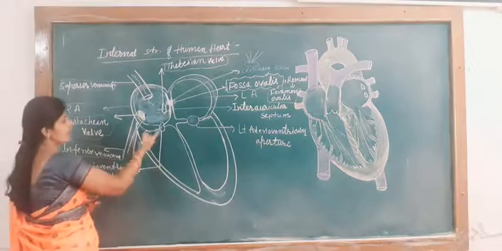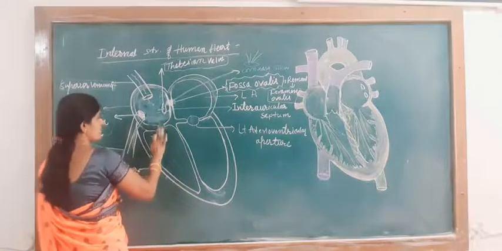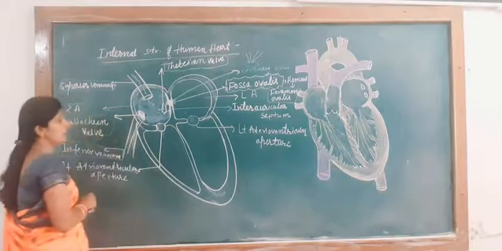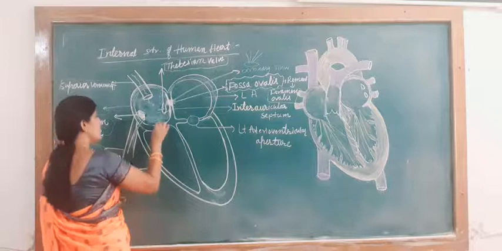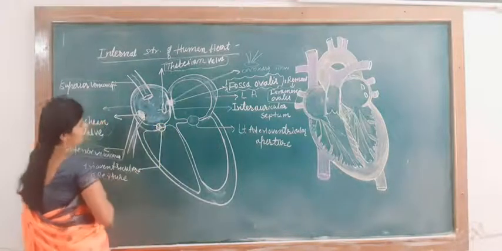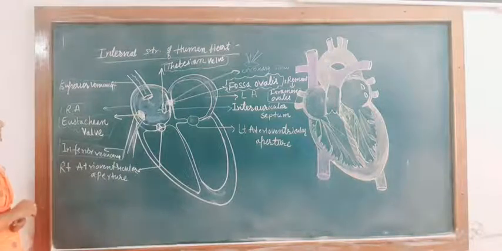Here, in the right atrioventricular aperture, one valve is present. This valve is called the tricuspid valve. Here flap-like, cusp-like structures are present.